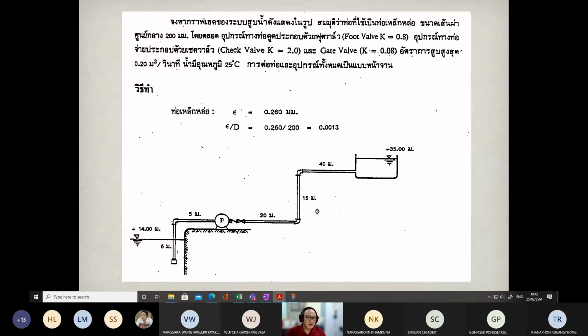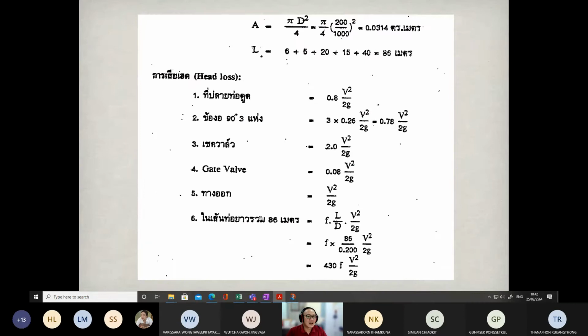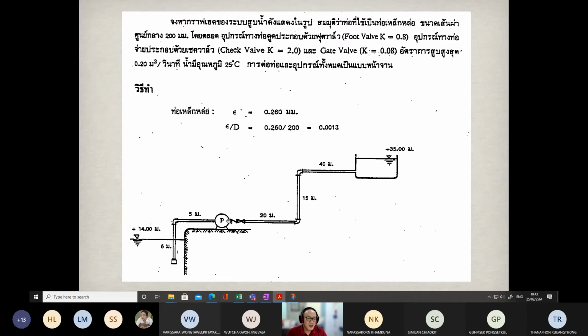Another example is also the same. They use the Darcy-Weisbach equation, the combination of the minor loss and the major loss. According to this figure, the pump actually sucks water from the lower reservoir, where the water level is at an elevation of plus 14 meters above mean sea level.